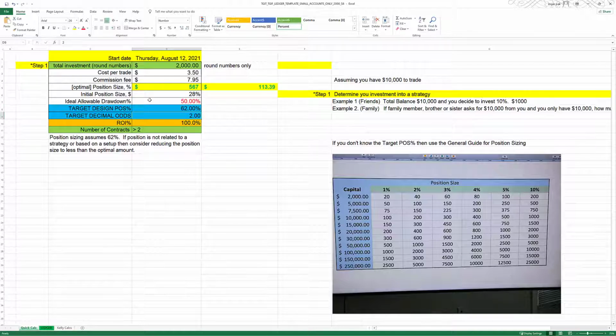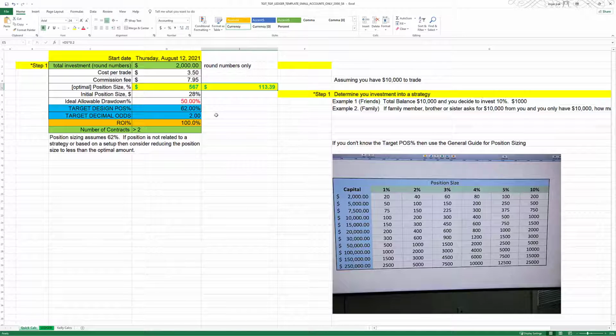So we define most of the trades here at 62% because, first of all, we have back-tested strategies that produce around 60 to 62%. We also have the strategy giving us great risk and reward, so we can take a couple of hits and still end up making money on it. But if you're not able to find something that looks like 62%, then you need to reduce the position size from 567, I'm talking about a $2,000 account here, down to 20%.